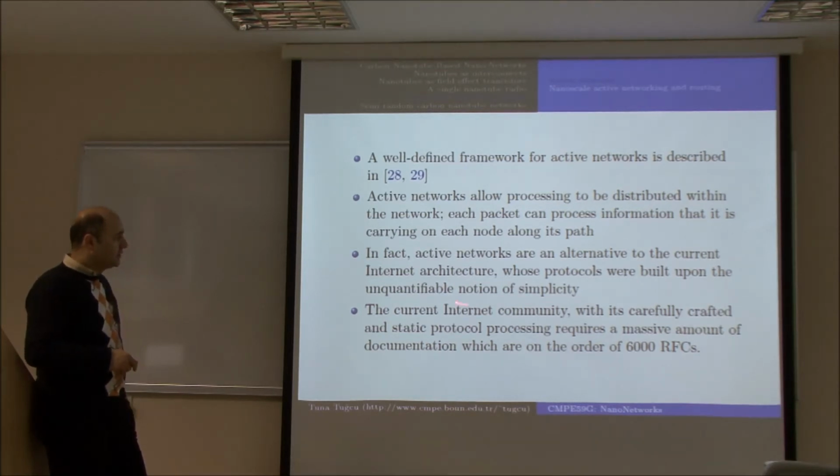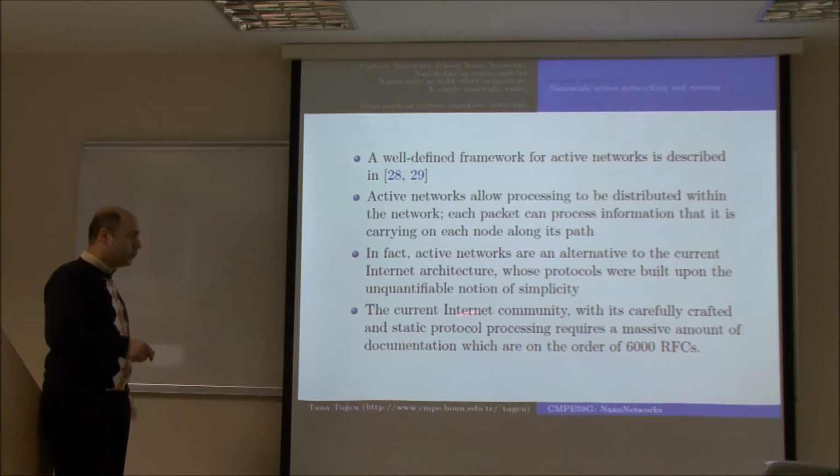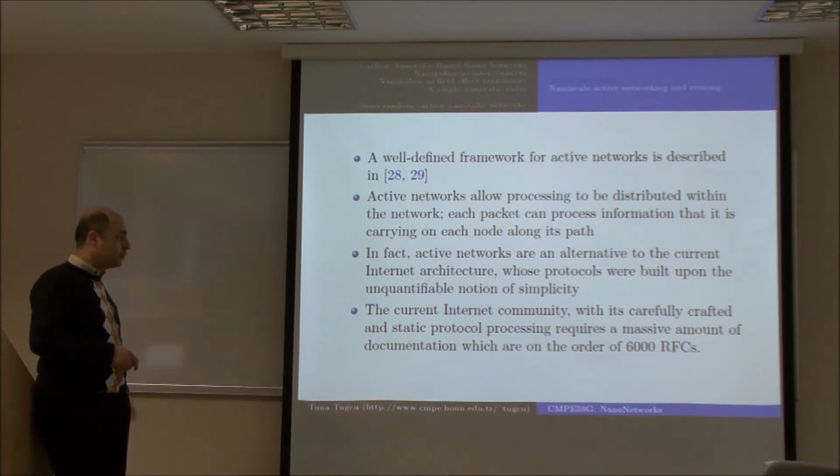So the current internet community has carefully crafted many protocols, but these are mostly static protocols or quasi-static protocols, which require a massive amount of documentation on the order of 4,000 to 6,000 RFCs, request for comments. Okay, so it is quite complex actually.